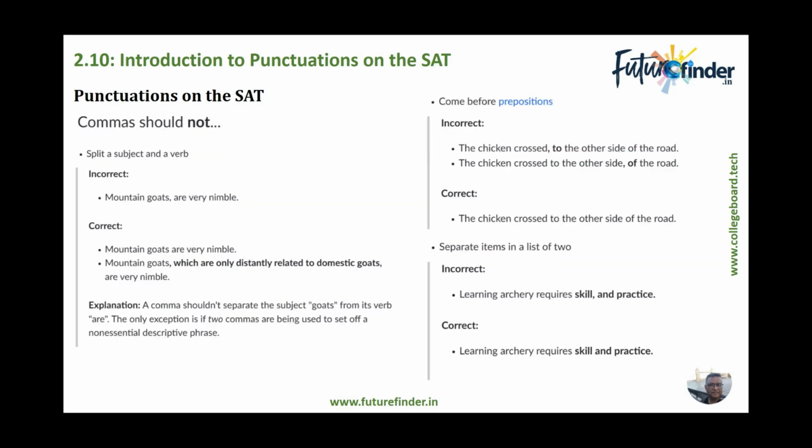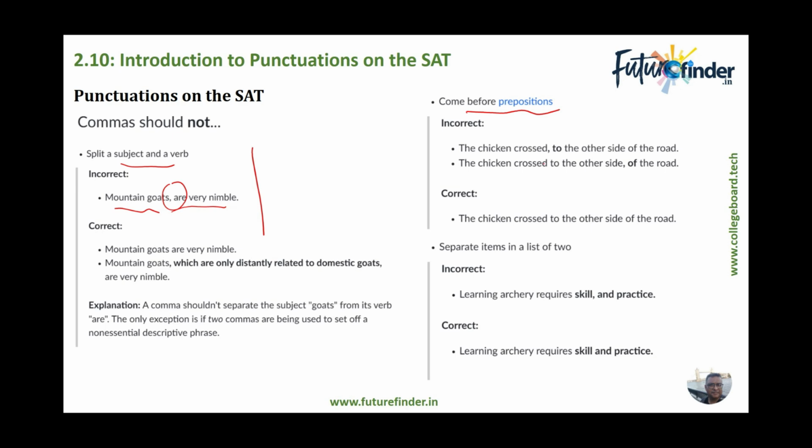A comma should not split a subject and a verb. You can look at this. We will do this in detail when we come to the commas. Like this one, the mountain goats are very nimble. So, you cannot put a comma here, between subject and verb. And commas before the prepositions. Let's look at this.